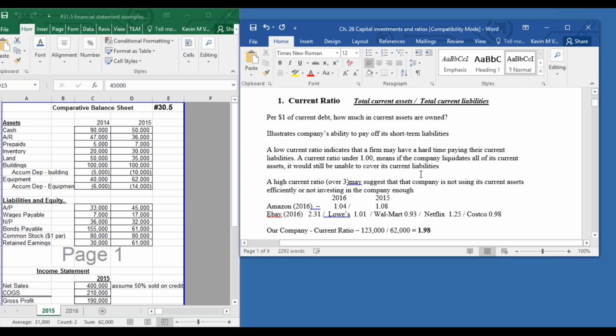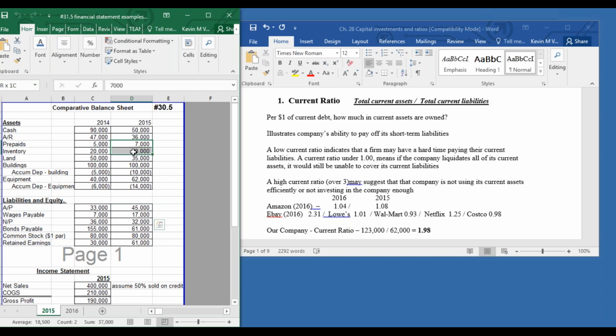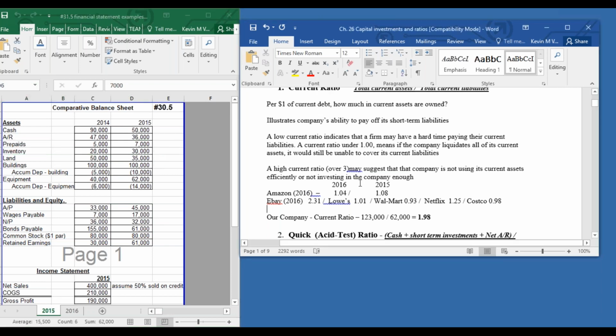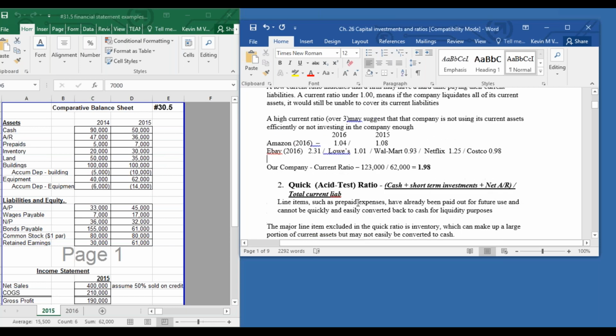Now, current ratio, the only drawback to the current ratio is notice it includes all current assets, even these items that we may not be able to turn into cash at all, or if we can, not necessarily as quickly as simply collecting on a debt from an AR. So what the next ratio does is it eliminates the items that are hard to get money quickly, especially like prepaids.